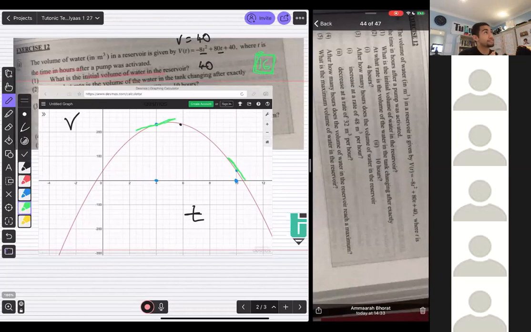If the gradient is negative, the function is decreasing. Since we got a positive answer, at that point the function was increasing, getting higher. And at this point, because the gradient was negative, I knew the graph was going down. Does that make sense?